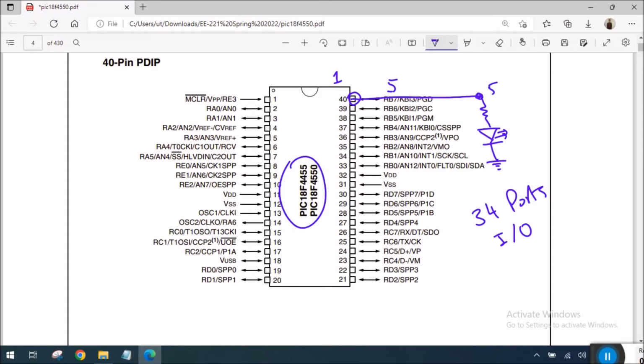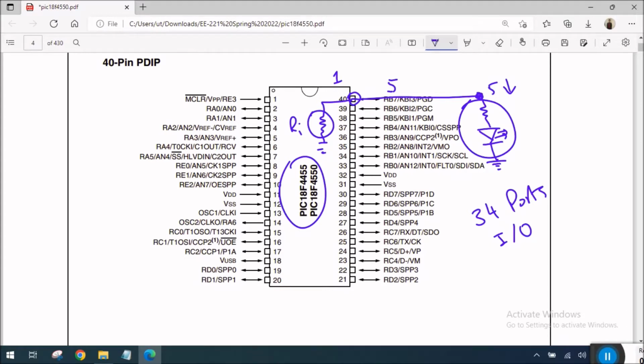That is the question, because the internal circuit of this port will also come into play, and the internal resistance of this port will come in parallel with this circuit. So the voltage being dropped at this point may not be 5 volts, but maybe lower than that.